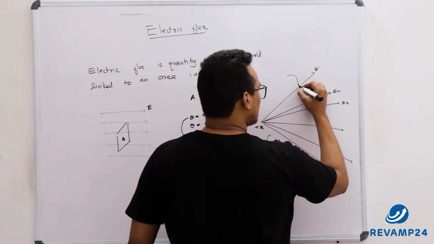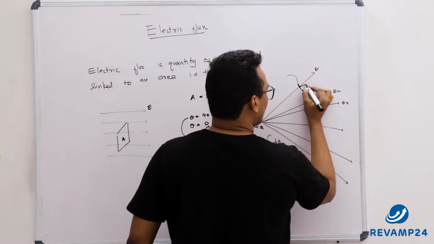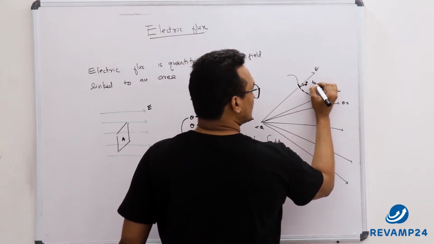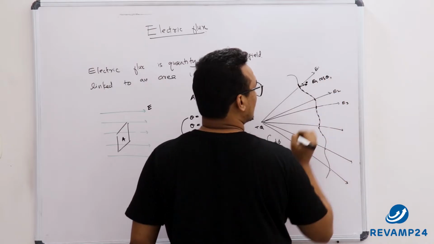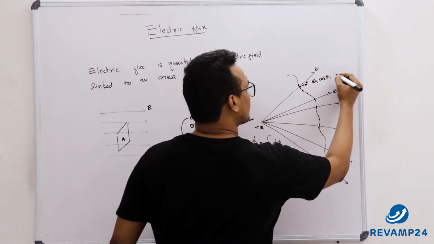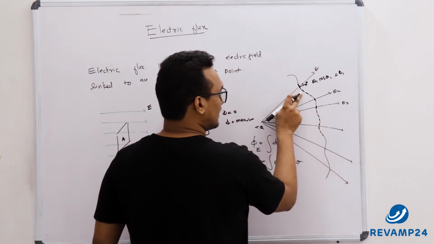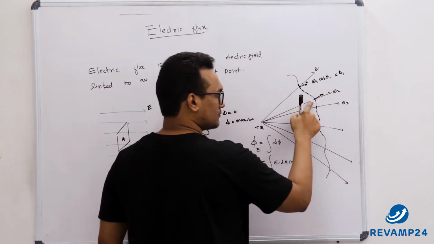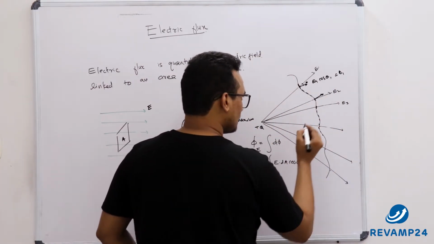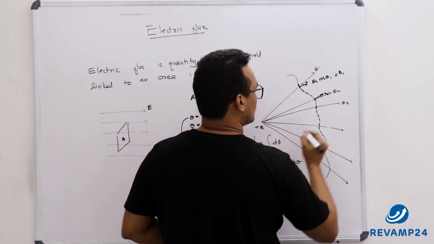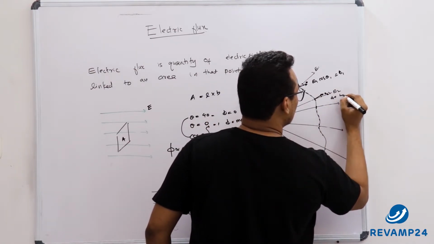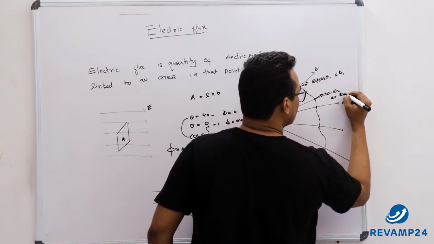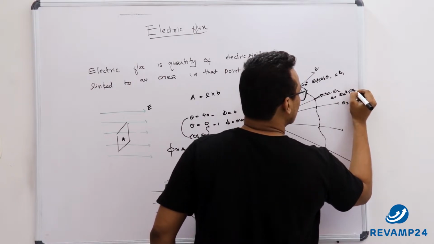At this point, what is the direction of area? Perpendicular. Now we have an angle here, and we can easily find the flux. That is E1 A1 cos theta 1. I got the flux here, that is phi 1. Now I will go to the next area, where the normal is in this direction and the angle is theta 2, for example. Here the flux is E2 A2 cos theta 2.